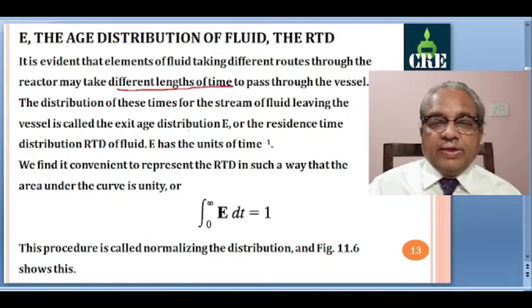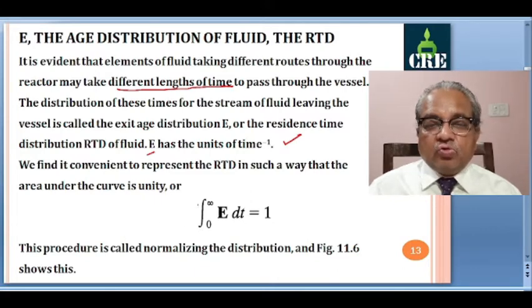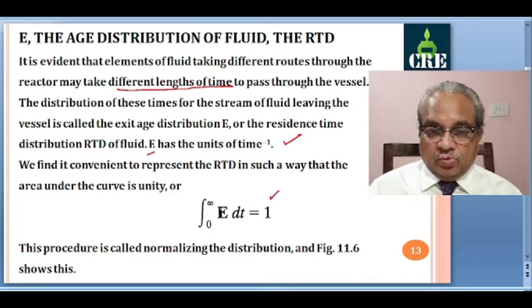So this is called exit age distribution or residence time distribution, and this E term, exit age, has the units of time inverse. So this is normalized. So the normalized distribution is integral 0 to infinity of E dt, and that will be 1. So if you plot this, the area under the curve will give you this integral 0 to infinity, and that is 1. So it is a normalized distribution.